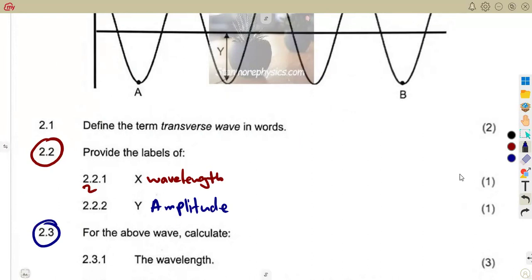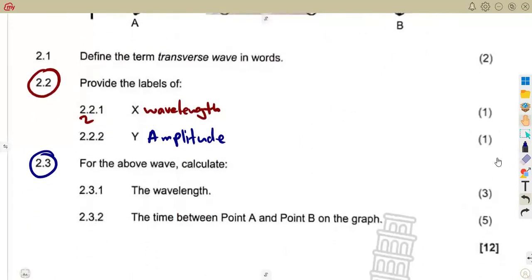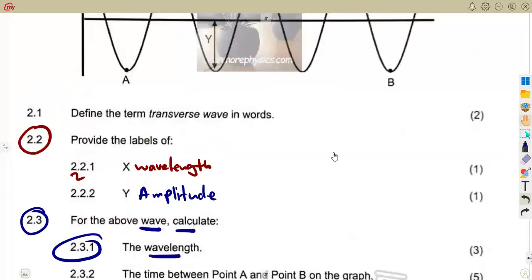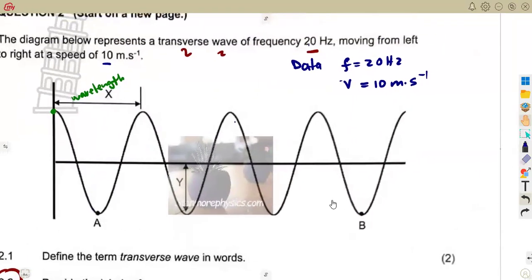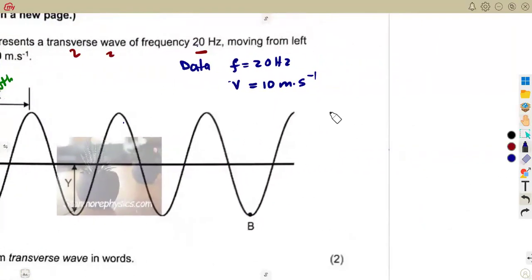On 2.3, we are given from the above wave, calculate 2.31, the wavelength. According to the information that we are given, we've got the frequency and also the speed is given there.